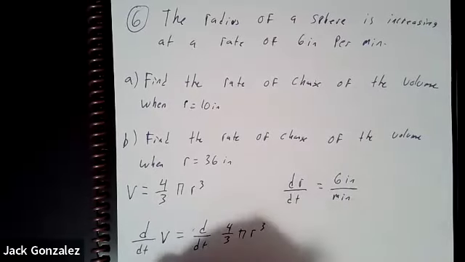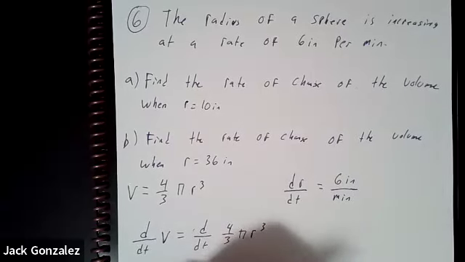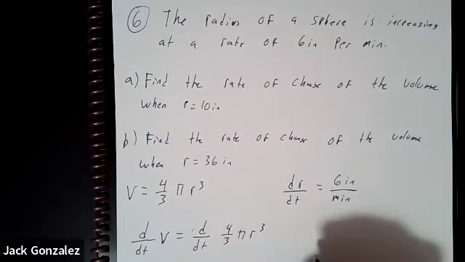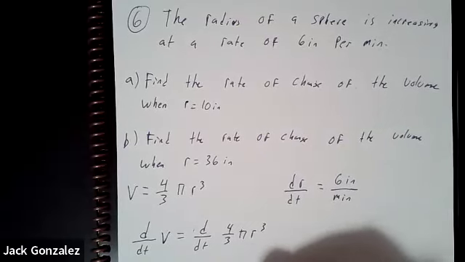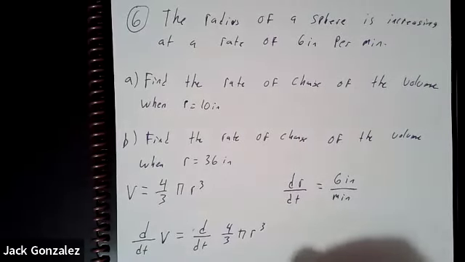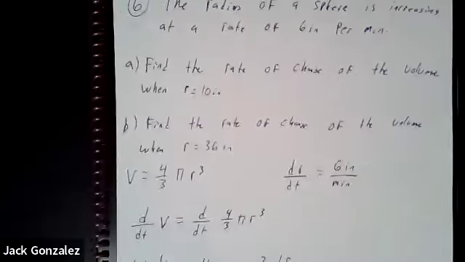Okay, so this will be 1 times dV/dt equal to 4/3 times 3 pi times r squared dr/dt. Sorry.